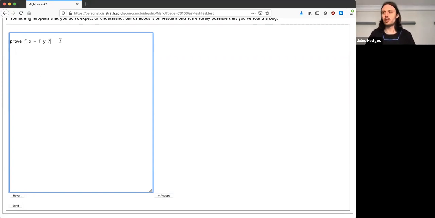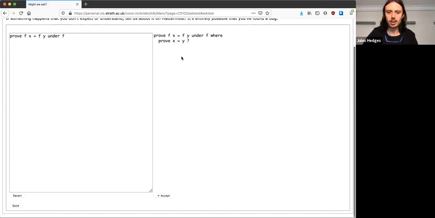In order to do this, I can use the new proof rule under f. And if I send under f to ask, then it's going to send me back that I need to prove x equals y. If you think about it, this makes sense. If you know that x equals y, then you can apply f to both sides of the equation, and then you know that f of x equals f of y.